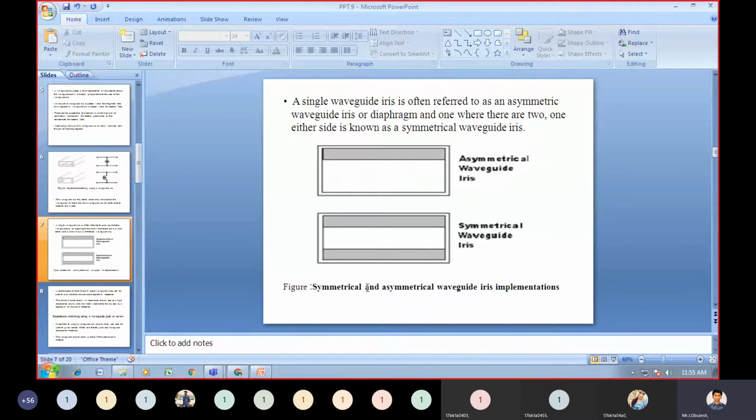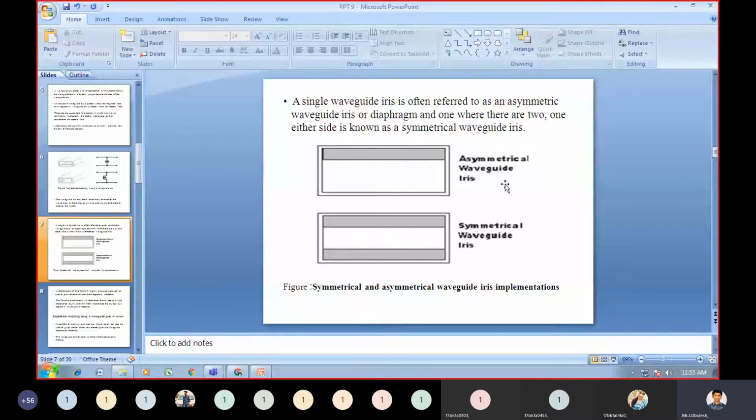Next, single waveguide iris. A single waveguide iris is often referred to as an asymmetric waveguide iris. One on both sides is known as a symmetrical waveguide iris.